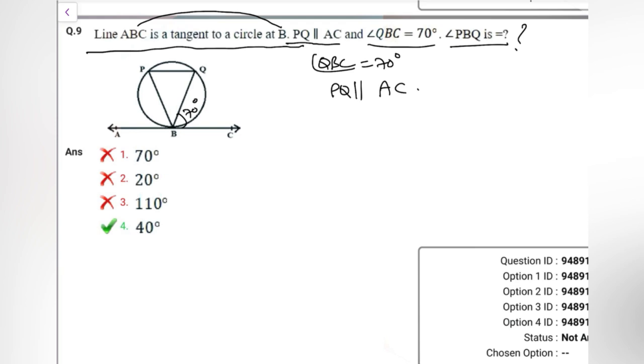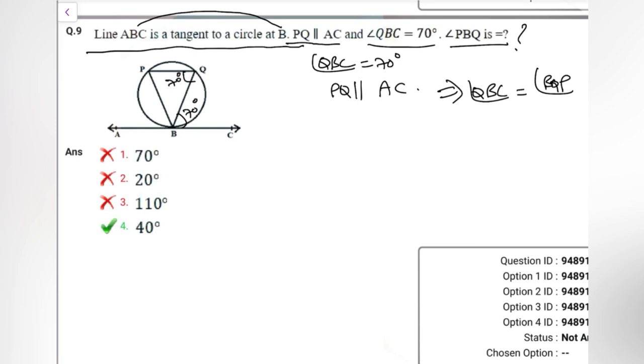Since PQ is parallel to AC, angle QBC is equal to angle BQP. So, as QBC is 70 degrees, angle BQP is also 70 degrees.